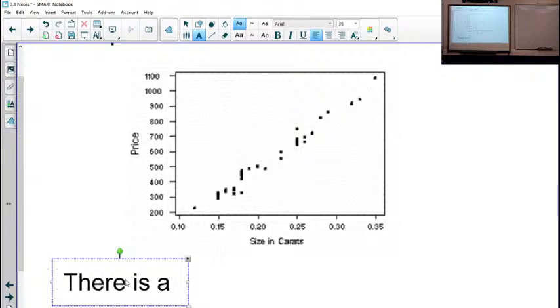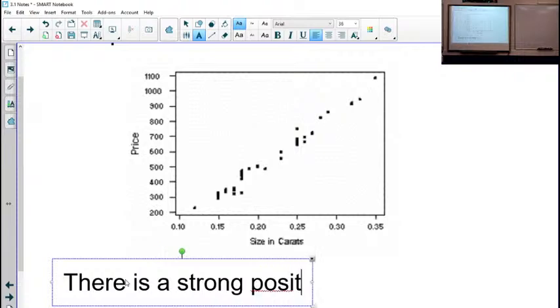So strong, direction, as one's going up, what's happening to the other? It's also going up, so positive. If I were to trace out the pattern, would you use a line? Yes, linear.